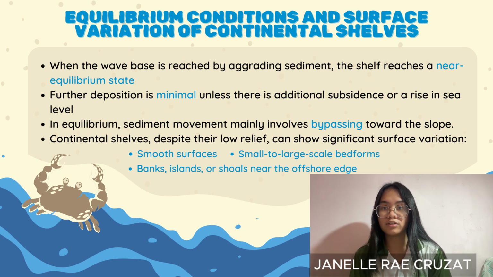Additional accumulation only occurs if there is subsidence, which creates more space for sediment as the wave base moves deeper, or if sea levels rise, which shifts the wave base upward and allows sediment to settle in previously shallow areas. Without these changes, the sediment remains stable and isn't actively redistributed.